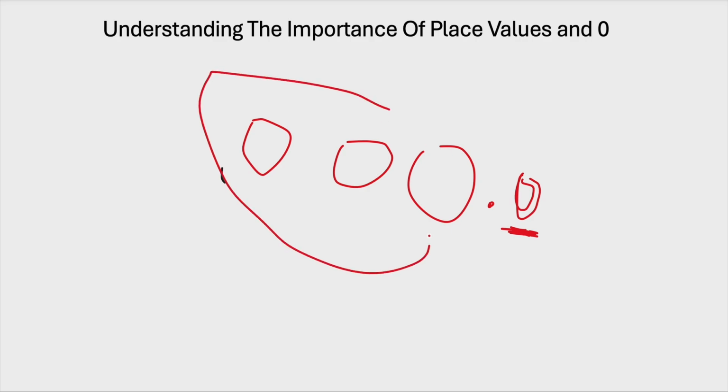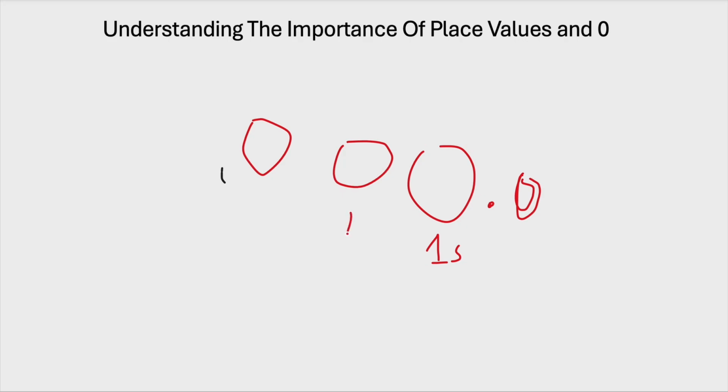But these three are what we're going to be working with for our basics. These three are called the ones, tens, and hundreds decimal places. This being the ones, this being the tens, this being the hundreds.